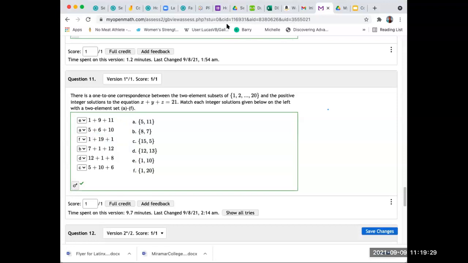Okay, so let's look at this one. C is 15 and 5. So it's the sum and then the first term.